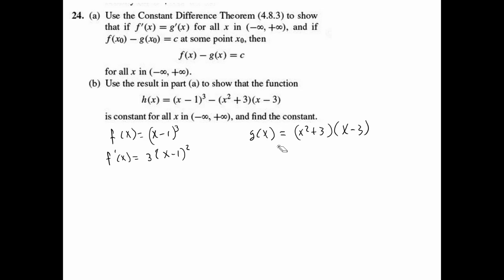Over here, g prime of x, product, so we need the product rule. The derivative of the first factor is 2x. Second factor left alone, x minus 3. Then the derivative of the second factor is 1 times the x squared plus 3.